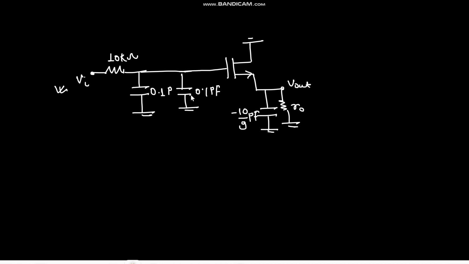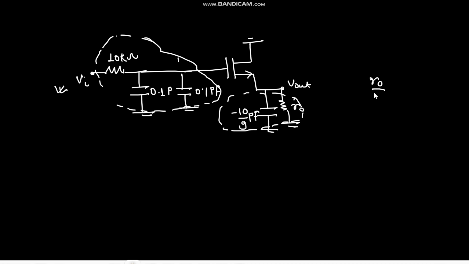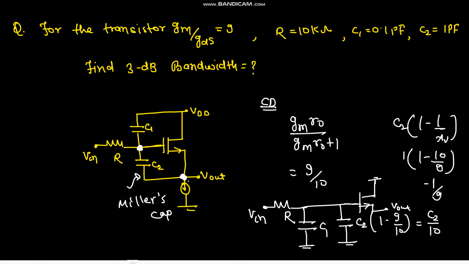So here you will have two frequency components, one is this one and one is this one. Look here, you are not having any ro value or anything given, right? So this would be the component that would be useful in finding the 3 dB bandwidth.